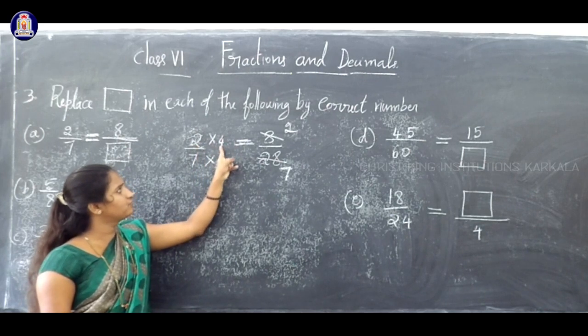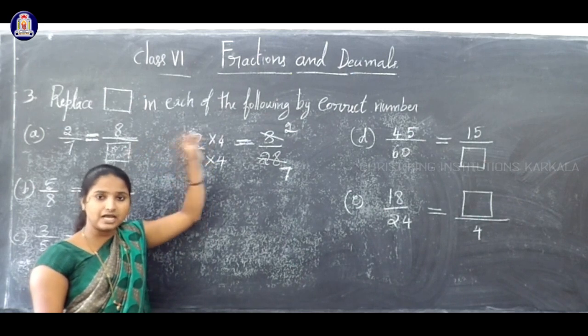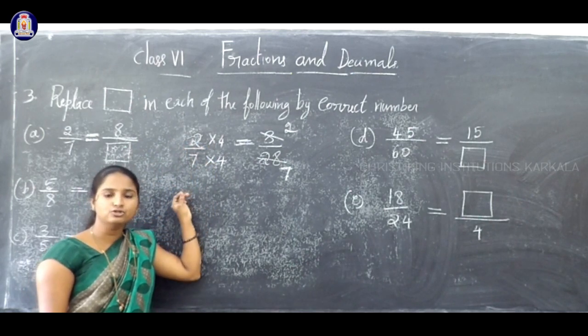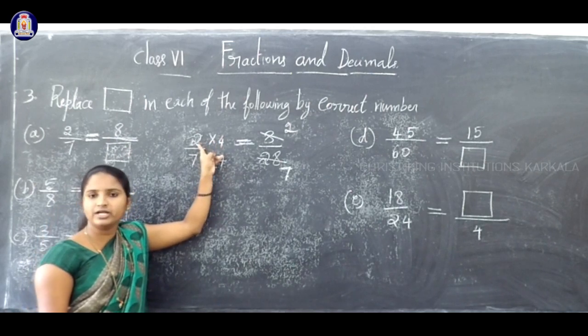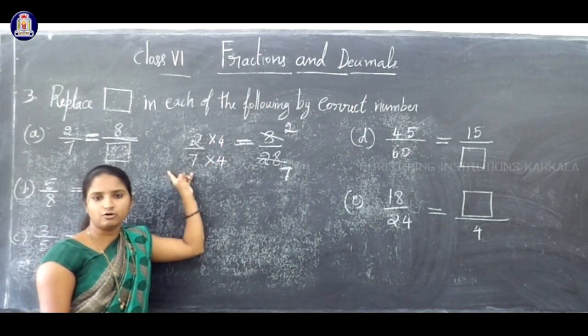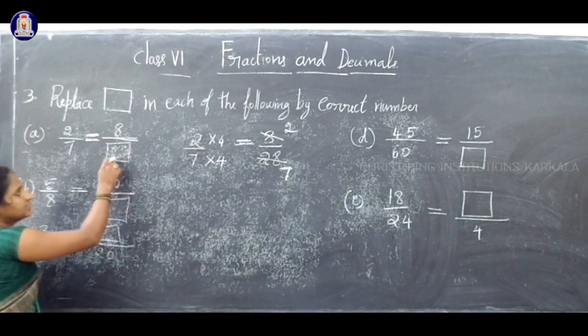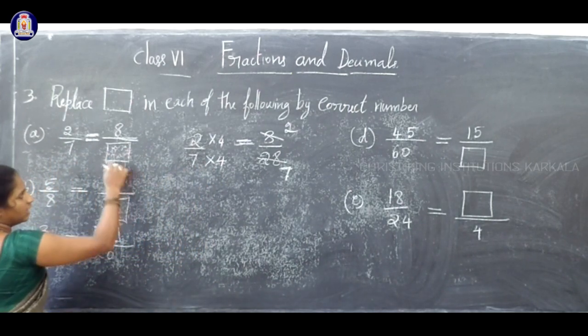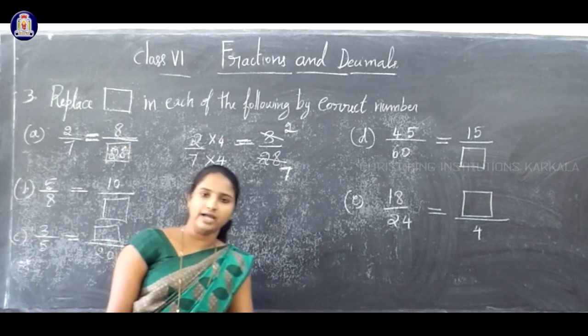If you multiply 2 by 4 you get 8 in the numerator, so that same number we should multiply to the denominator also. Multiply 4 to the numerator, so multiply 4 to the denominator also. 7 4s are 28. The answer is 8 by 28.